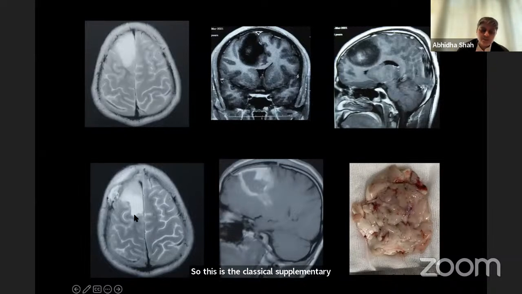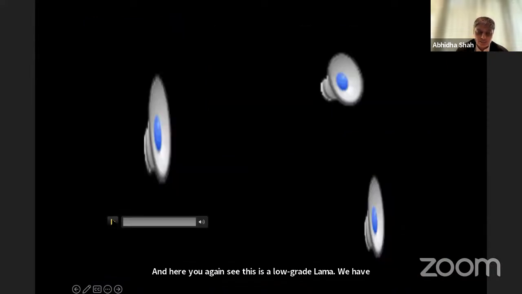This is another tumor, not in the exact SMA area, but in the pre-SMA area. Here you again see a low-grade glioma. We have done an en masse resection, and this was the patient after the surgery.